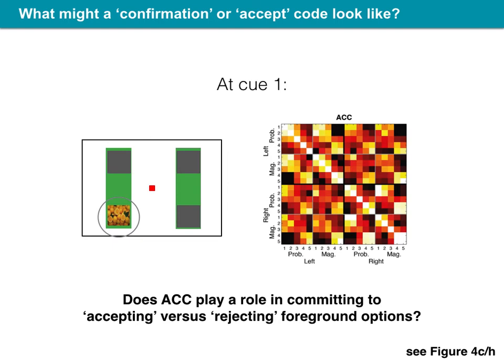To remind you, at the time when the subject was attending to the first cue, the ACC seemed to have this really interesting structure that categorized items into cues that you might ultimately want to accept versus those that you might ultimately end up rejecting.